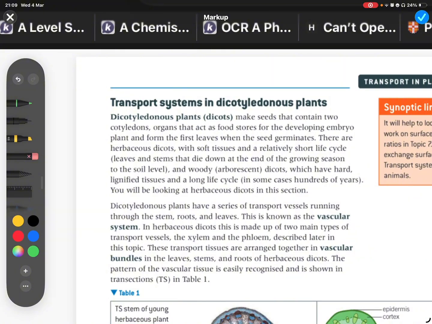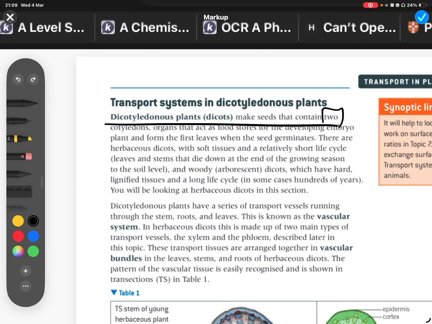But they can also act as an energy source, because they're leaves. They photosynthesize and produce energy for the plant to start growing. That is a cotyledon. So what you have to know: dicotyledonous plants contain two cotyledons, and cotyledons are the first leaves that pop out of the ground.